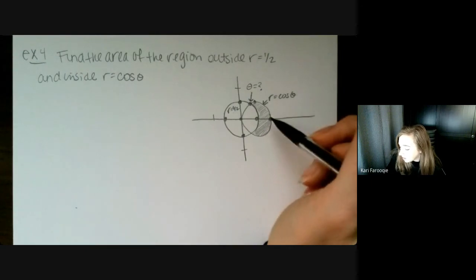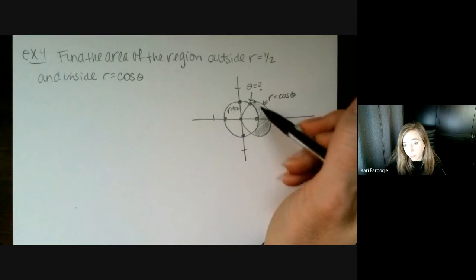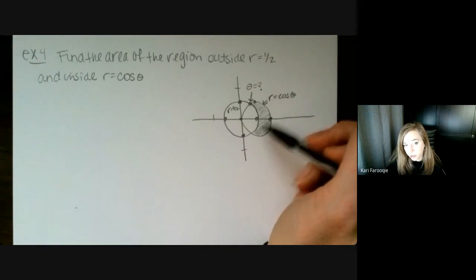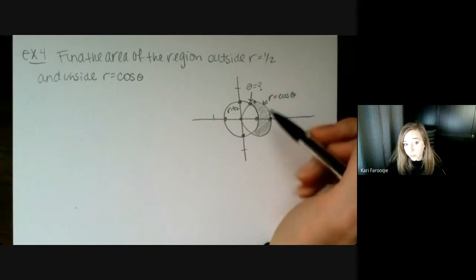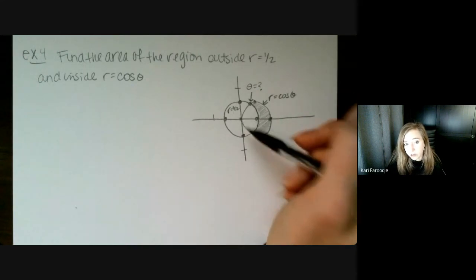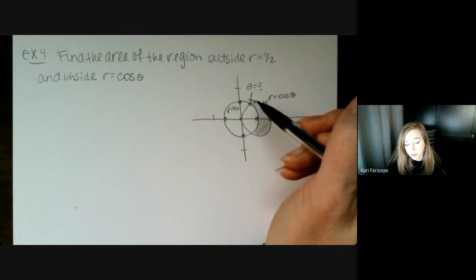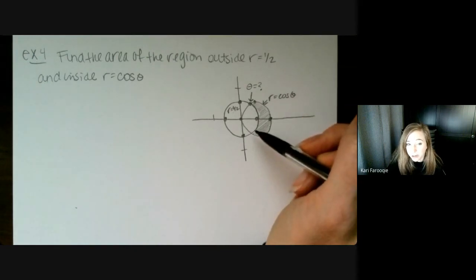One thing I can do is use symmetry and find the area of this top half that's above the x-axis and then multiply it by 2 to get the whole thing. Otherwise, I'm going to have to find the negative angle down here in quadrant 4 and then go up to the positive one. I think we're going to go with symmetry.